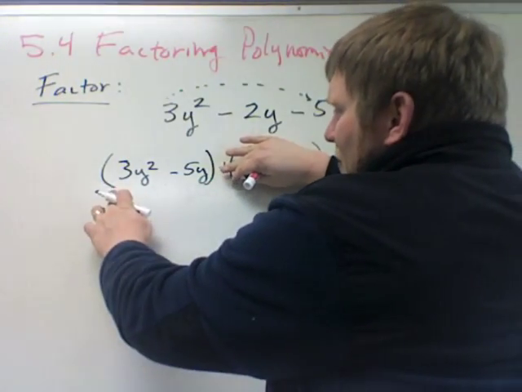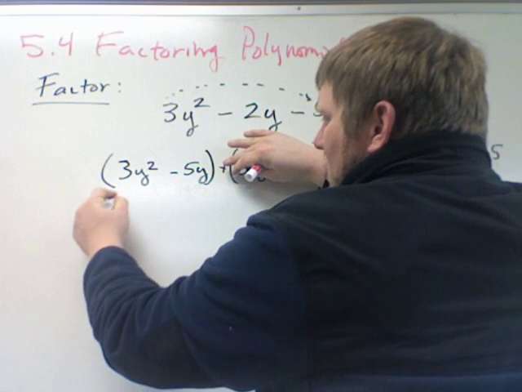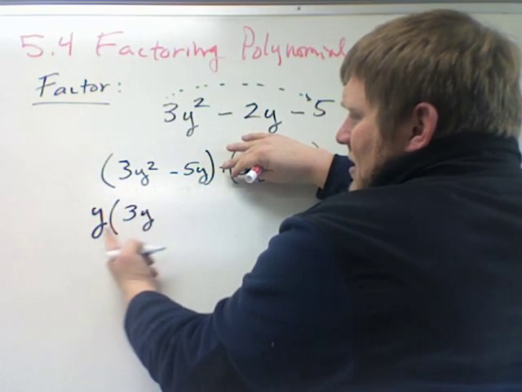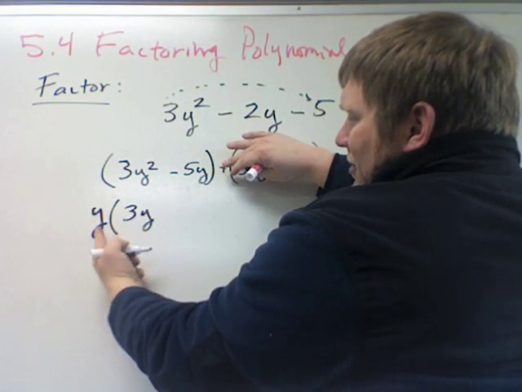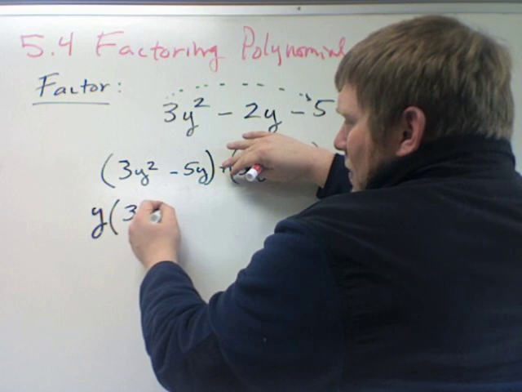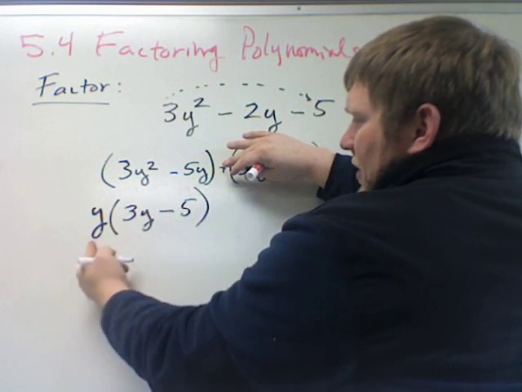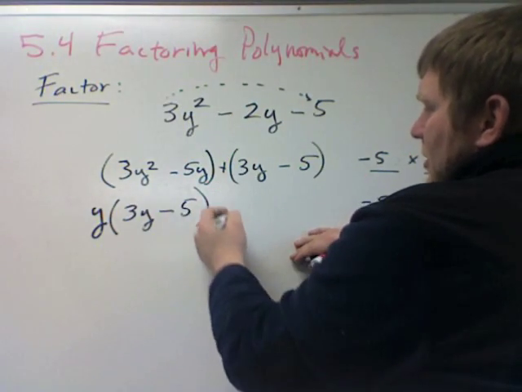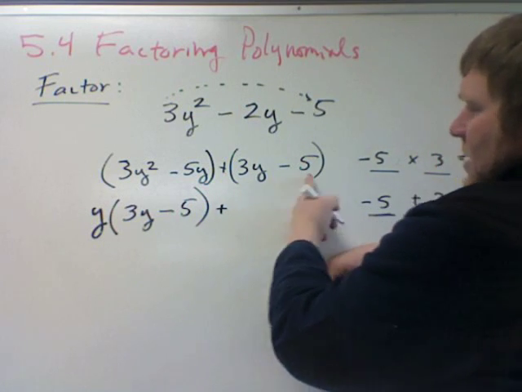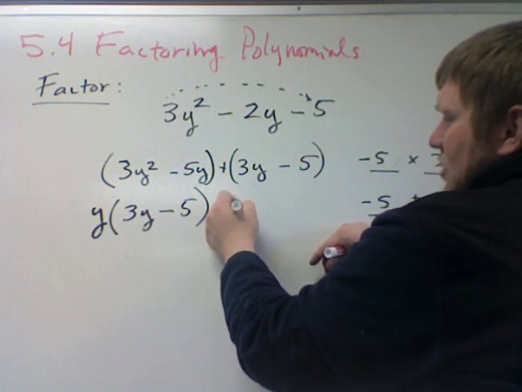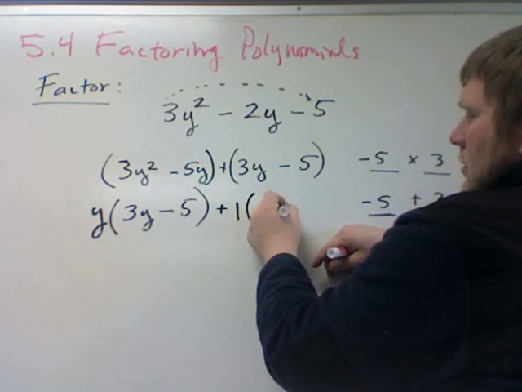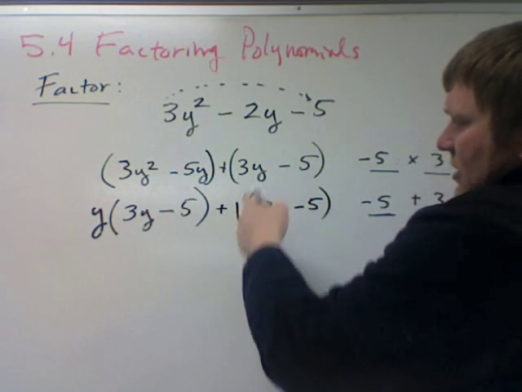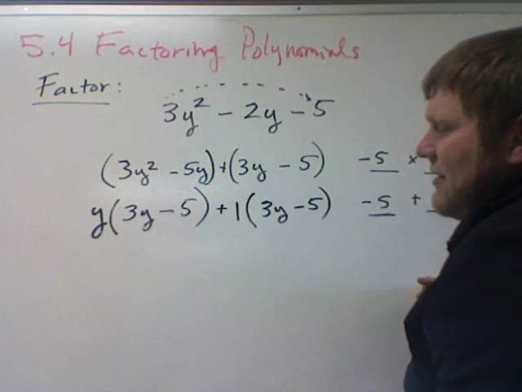Now I ignore this term and factor out a common factor. Hopefully we can get a little quicker at this and see that the only factor these two terms have in common is a y. I factor that y out and get 3y minus 5, because if I distribute that through, I'd get this back. Up here, there's nothing they have in common, so the only thing would be a 1, because 1 times 3y is 3y and 1 times negative 5 is negative 5.